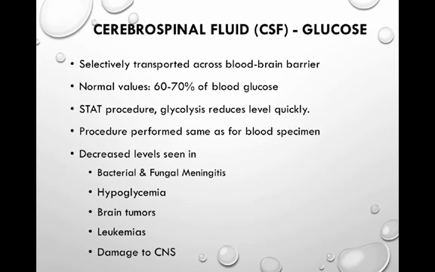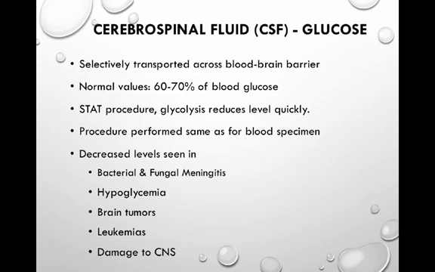If any organisms are present, or if there are any cells present in the CSF, the glucose will quickly reduce. When testing patients' blood glucose, we should also be testing the CSF in parallel to provide those reference ranges or expected values. The CSF glucose procedure is performed in the same manner as for blood specimens.